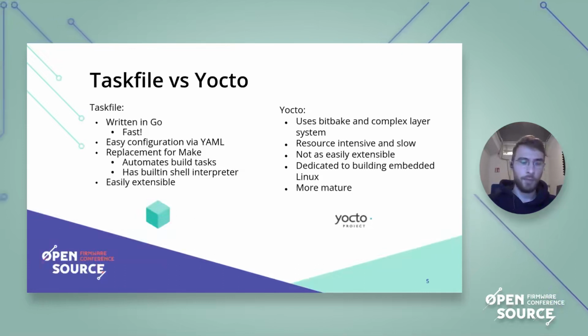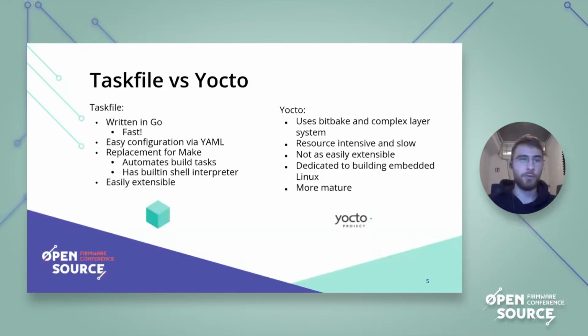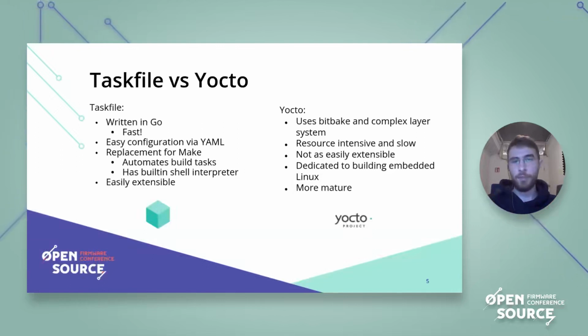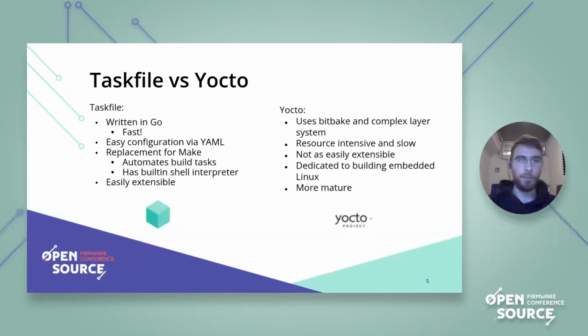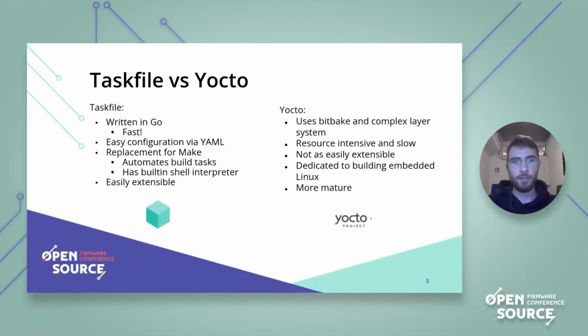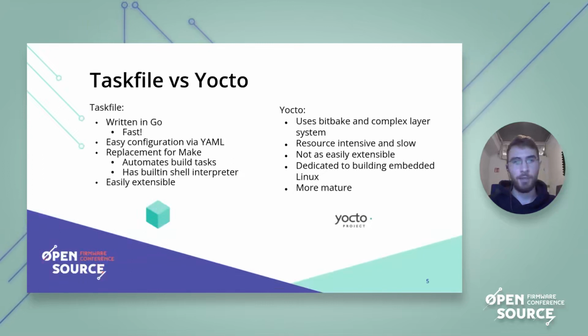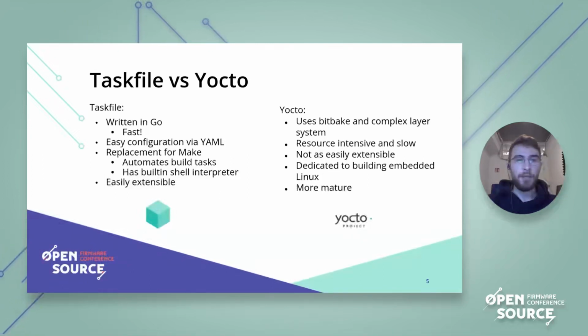So one of our other projects has been using Taskfile, a much more modern approach to that. Next to the fact it's written in Go, that means it's fast and can use the native concurrency of your machine already. It has a pretty easy configuration using YAML files, which are not only easy to read and write by humans, but also easy to parse. And it poses itself as a replacement for Make.